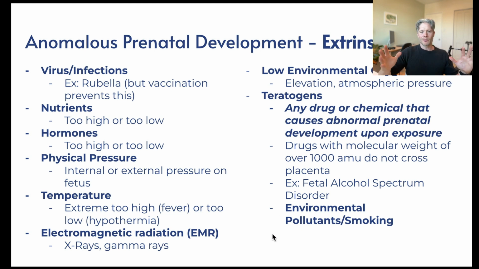Okay, here's where we're going to pump the brakes a little bit. We're actually going to talk about something called teratogens quite a bit. These are any drugs or chemicals that can pass through the maternal-fetal barrier, and typically they're anything that's smaller than 1,000 AMU. This is atomic mass units, just a scale of measure.